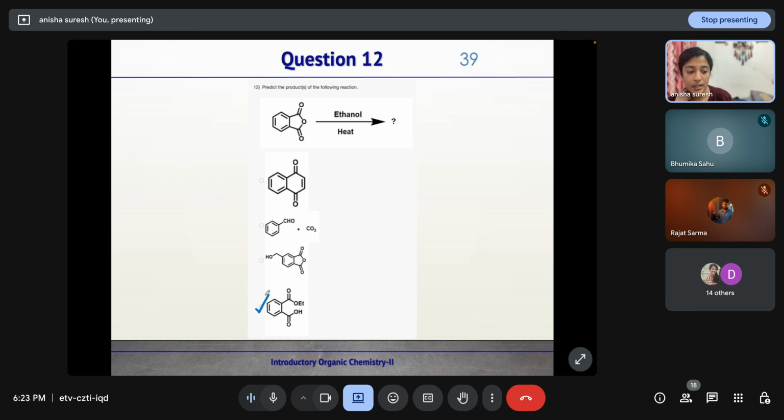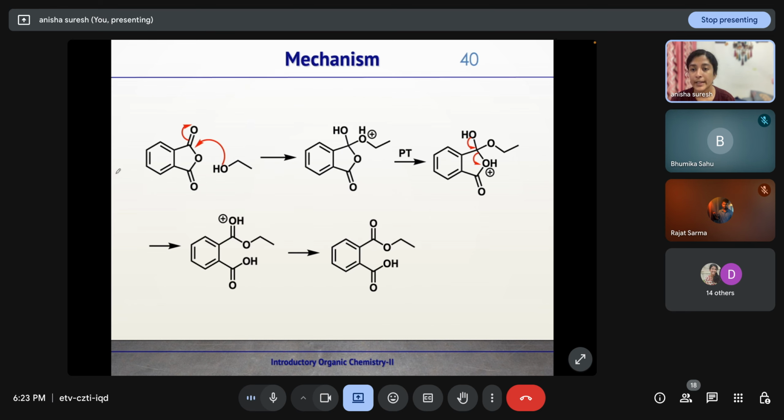So what is happening? Here we are having an anhydride, and ethanol is the reagent that is given. So it will add on to any of the carbonyl carbons of this anhydride. Both are identical. So this alcohol will add on to this carbonyl carbon. This tetrahedral intermediate will be forming. Then a proton transfer can take place, and this O can be protonated.